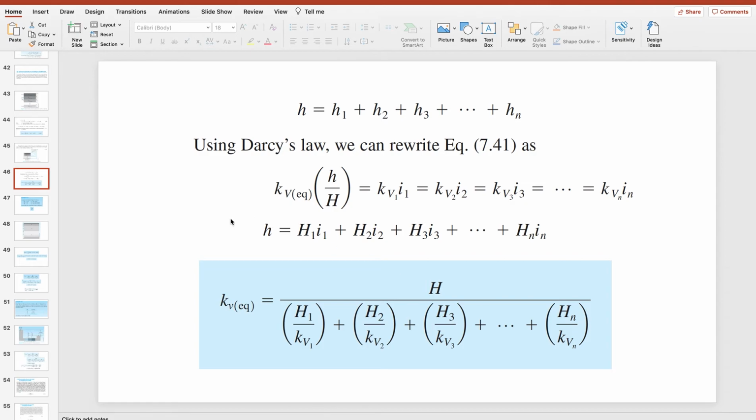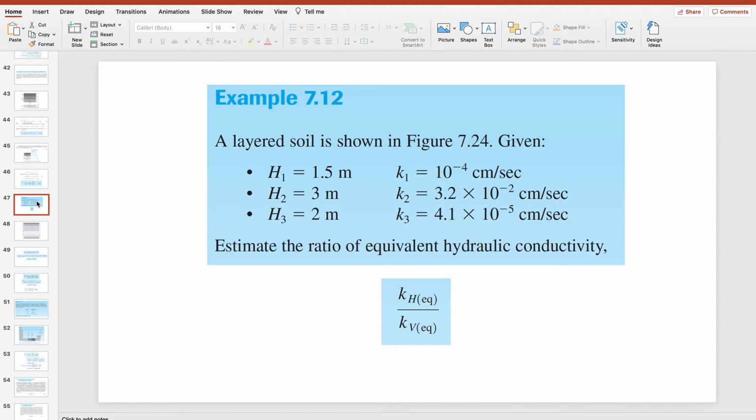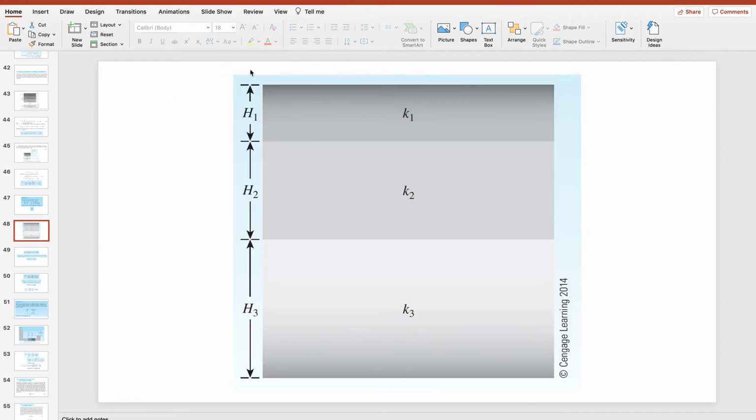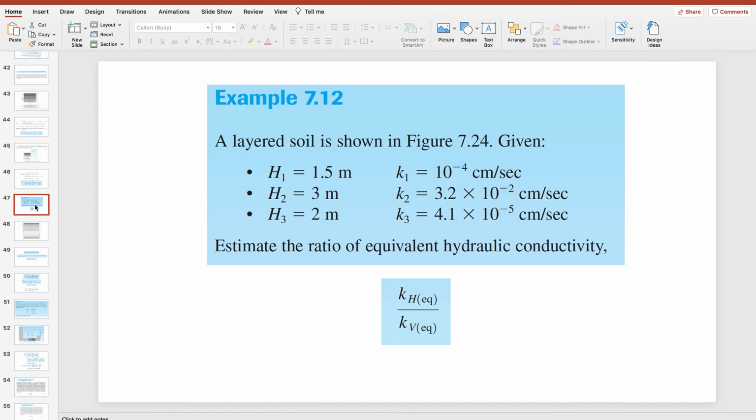Okay? So let's try here an example. So in example 7.12, a layer of soil is shown. Okay? So you have here H sub 1, H sub 2, H sub 3, K sub 1, K sub 2, K sub 3. So H sub 1, 1.5, H sub 2, 3 meters, H sub 3, 2 meters.